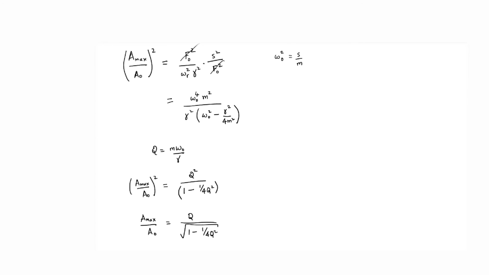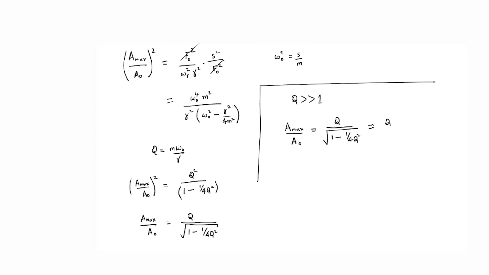And now, we will take the limit that q is much greater than 1, meaning that we are working in the regime of parameters where q value is very large, in which case this expression here becomes approximately equal to q. So, this is our required expression, that A max by A 0 is q, and remember that A 0 was f 0 by s.